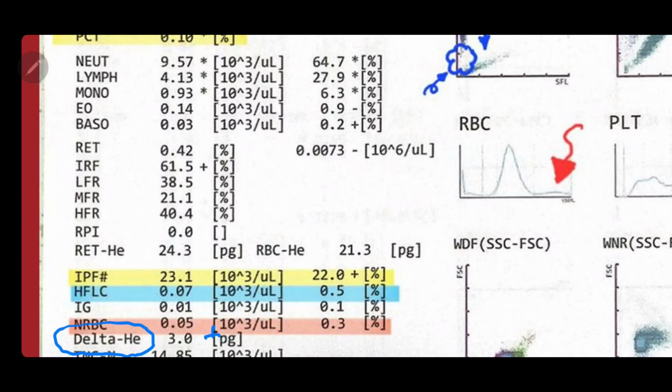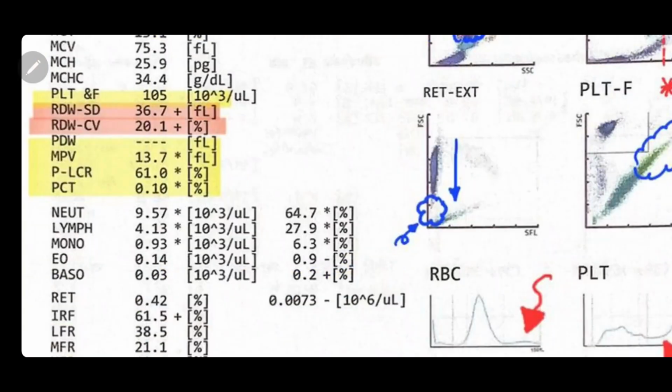To summarize, why is the RDW higher than normal? The answer lies in the RBC graph. As mentioned before, the tail of the graph is raised.